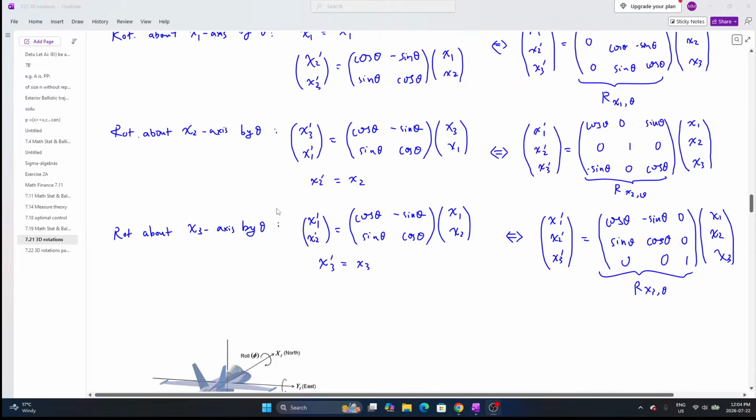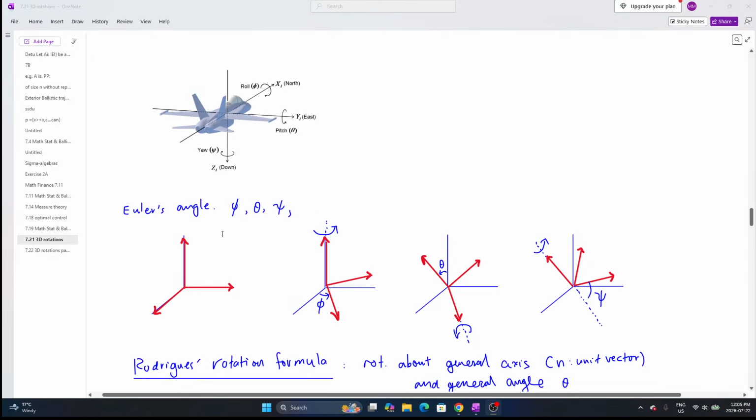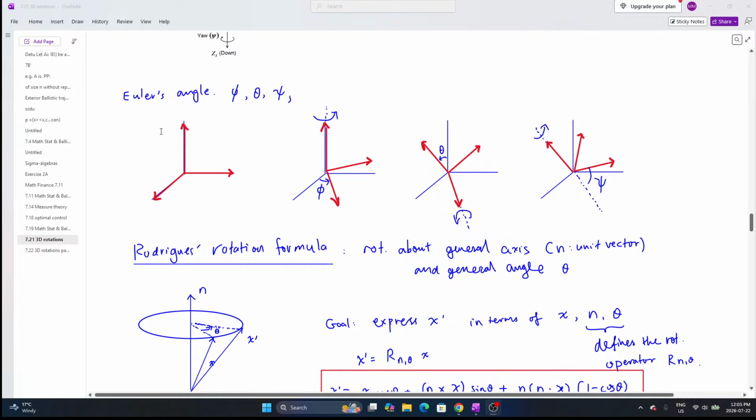It turns out that if you just use consecutive transformations based on the rotations about these axes, you can get the rotation matrix associated with the given Euler angles. So if you're given phi, theta, and psi, just use a bunch of matrix multiplication, and you can get the rotation matrix for a rotation specified by Euler angles. That's something we already can do. But this is not something we're interested in today.